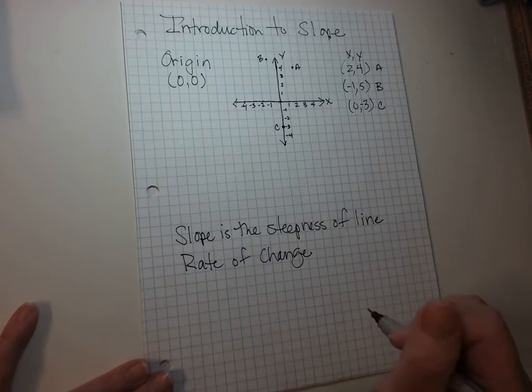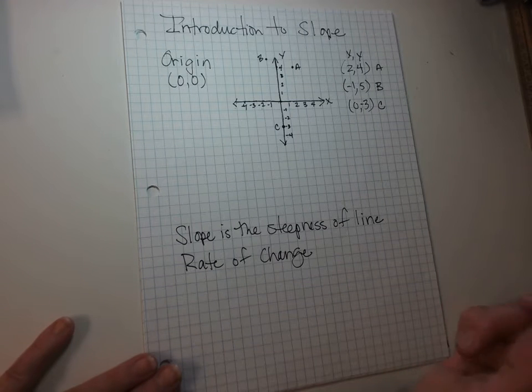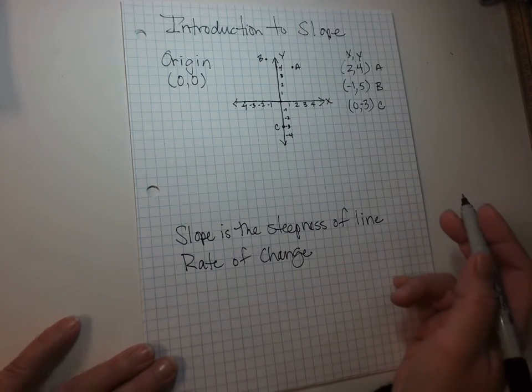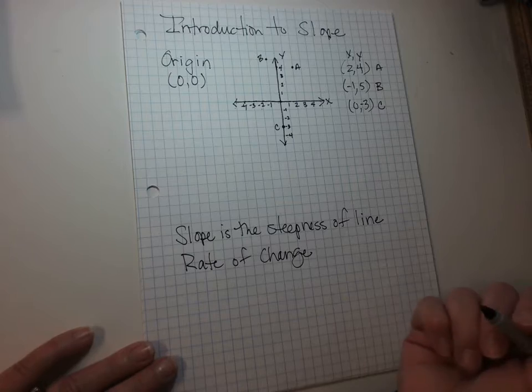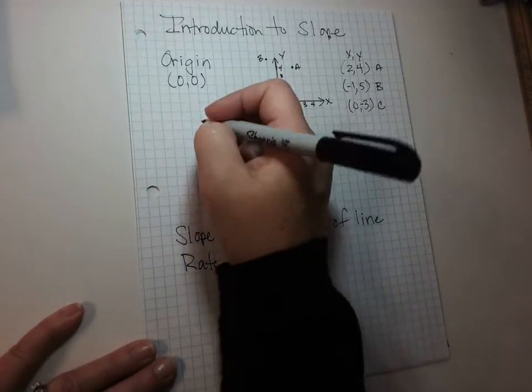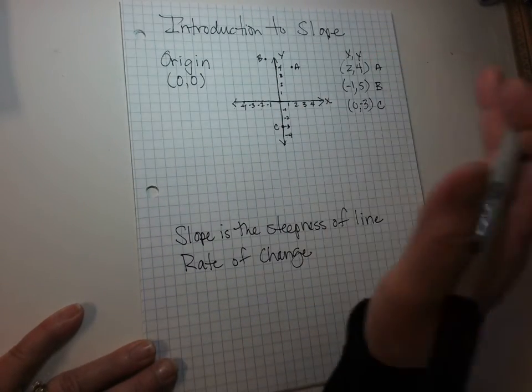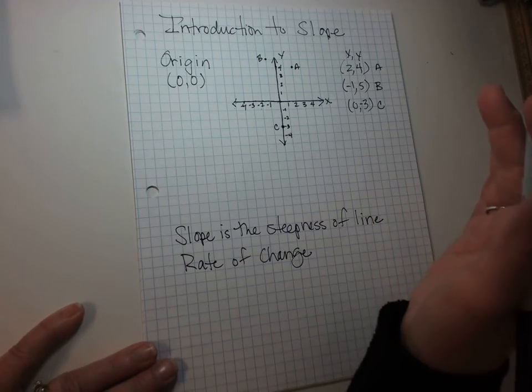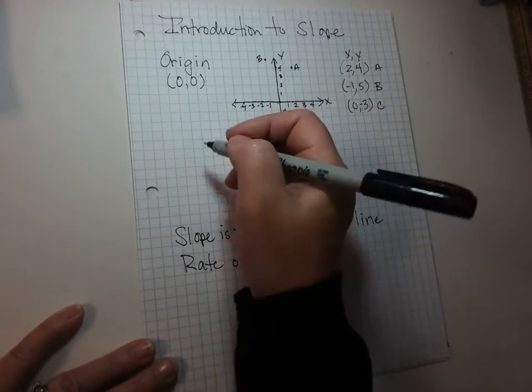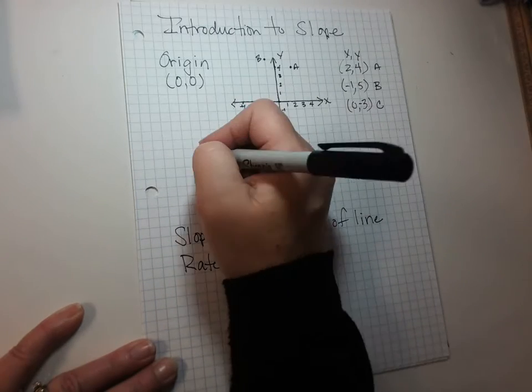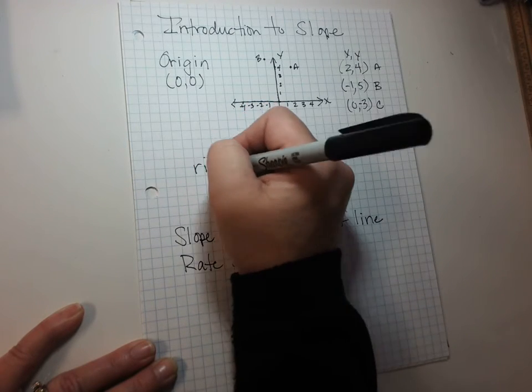Anyway, now we need to know the slope formula in order to find the slope of a line. The slope formula has a couple of different ways to look at it.